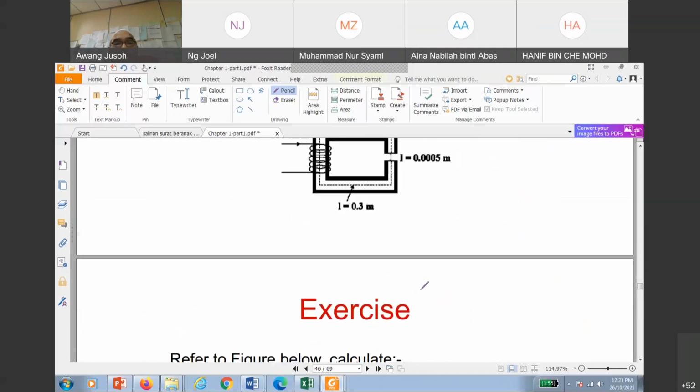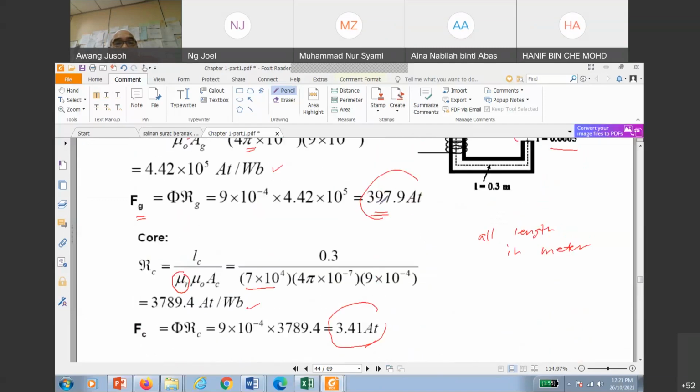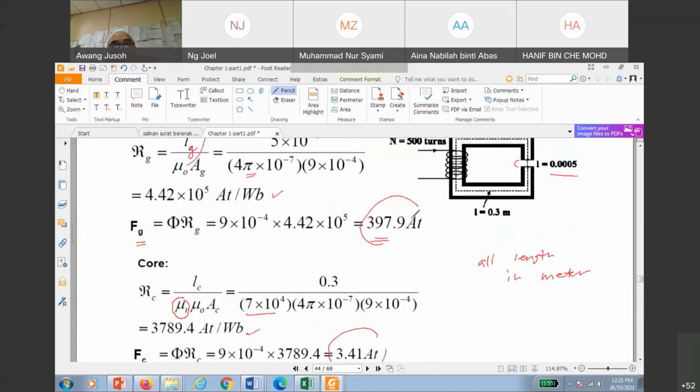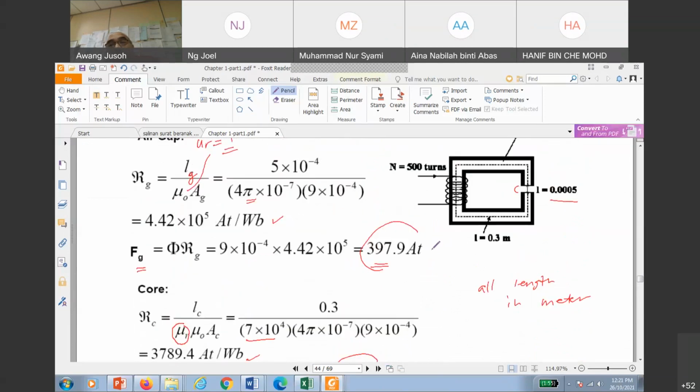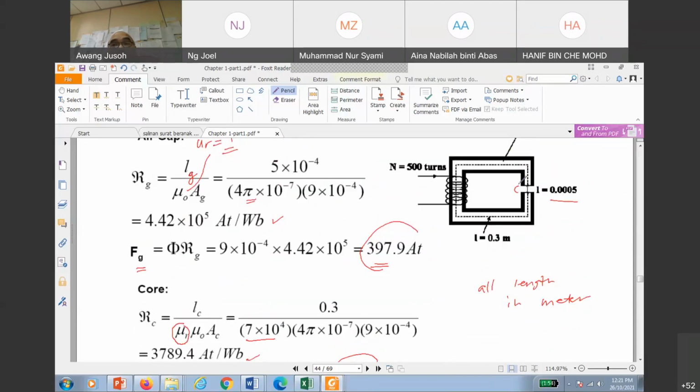It's proven here. Just now I showed you the values: this 397 in the air gap, and in the core just 3.45. So it is very small compared to the air gap. That's why most of the energy is stored in the air gap. You need to notice that. If we assume the system is linear, we say that the energy in the core can be neglected.